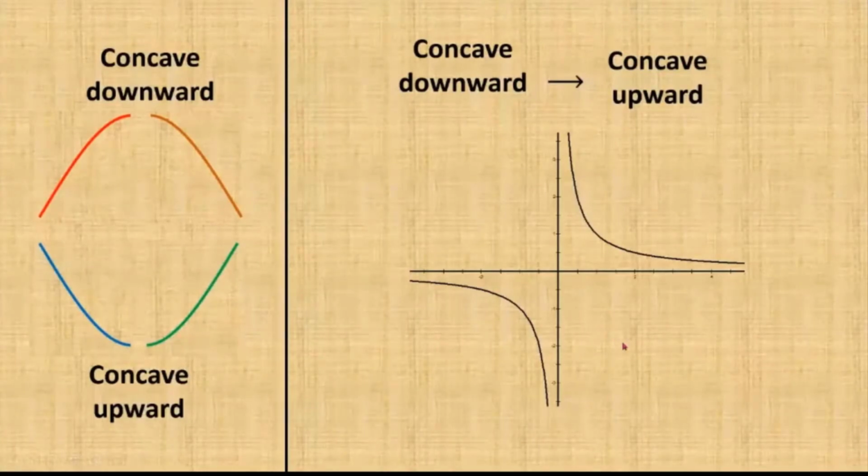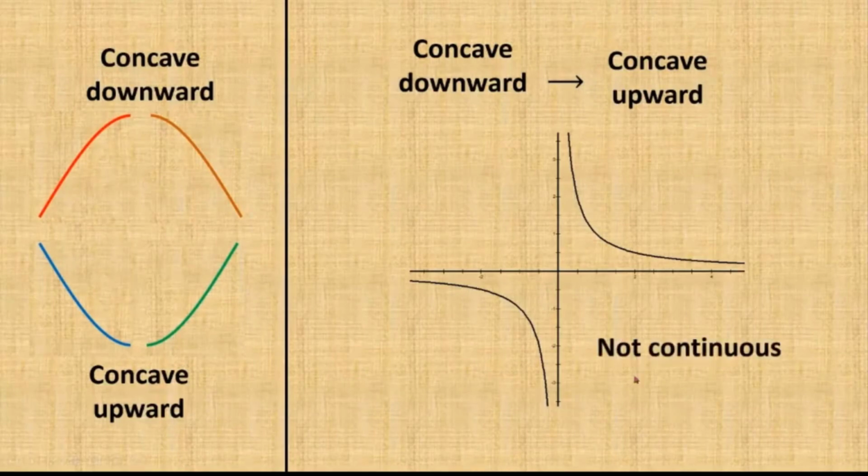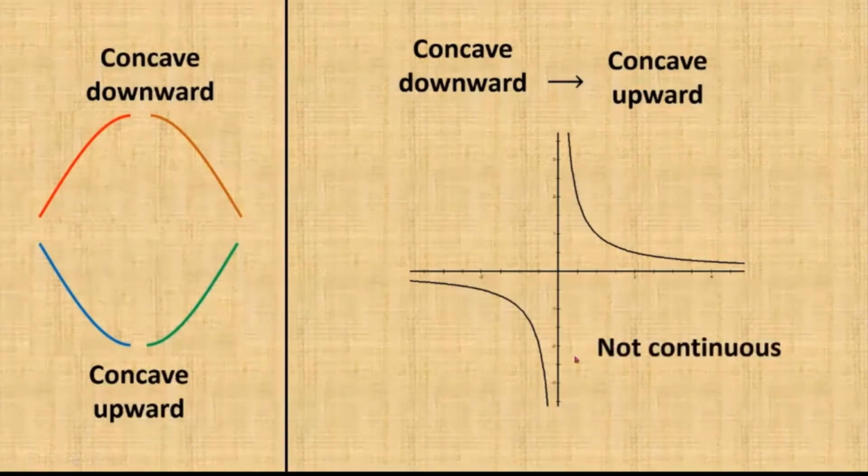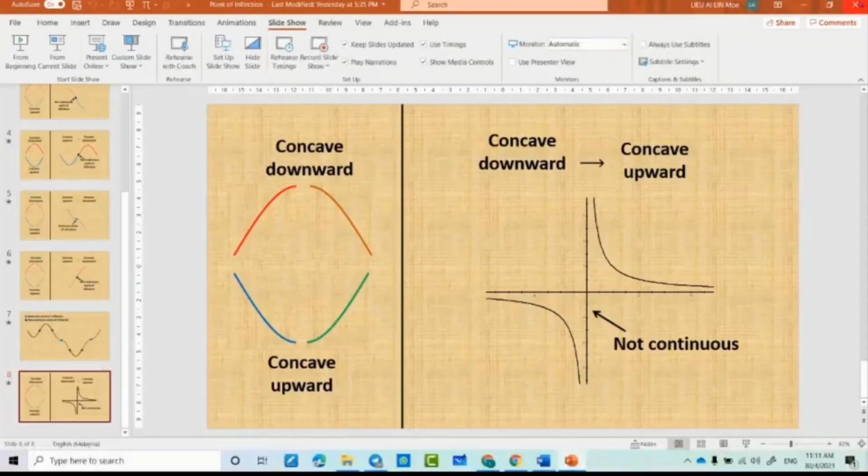Okay, so continuous is the requirement for maximum point, minimum point, and also point of inflection. Okay, not continuous, so this one is not an inflection point. Okay, so I finished.